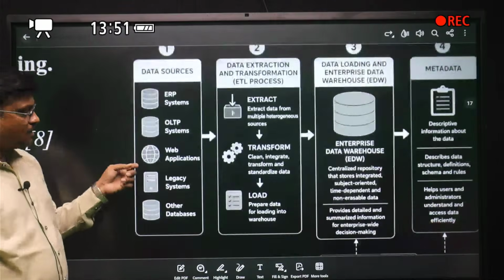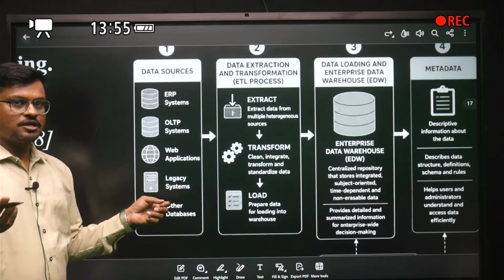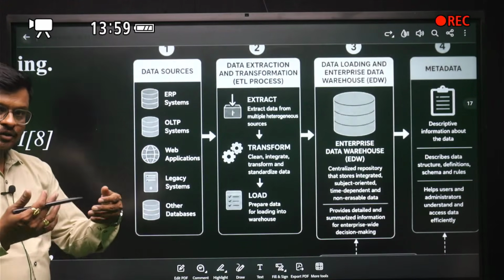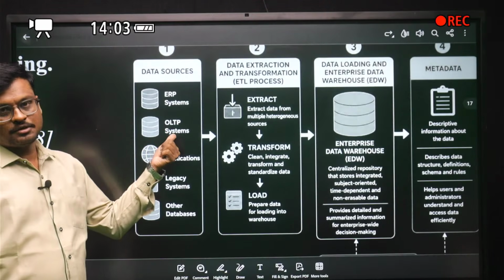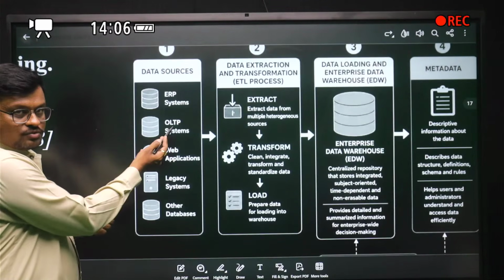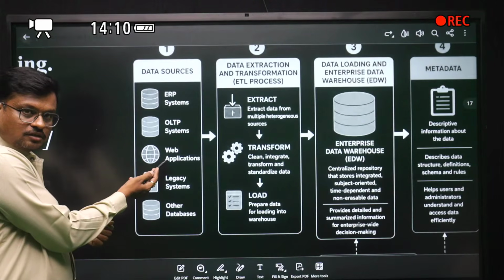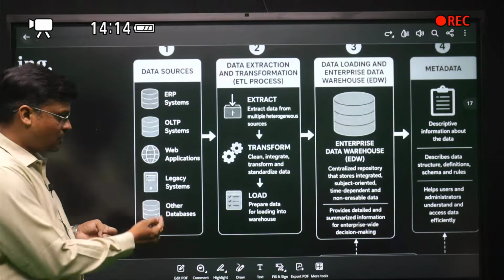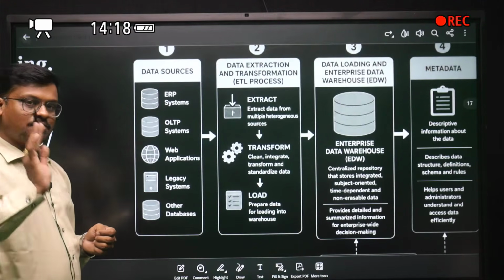It can be the legacy data which is available in your organization, or you are collecting it from external sources like web applications, or from your day-to-day transactions happening in your organization, that is OLTP systems. Your OLTP gives you the day-to-day organizational transactions. For web applications, the external resource, you will be collecting the data from other databases or even from the user. Legacy systems hold the time-variant historical data which is available in your organization.